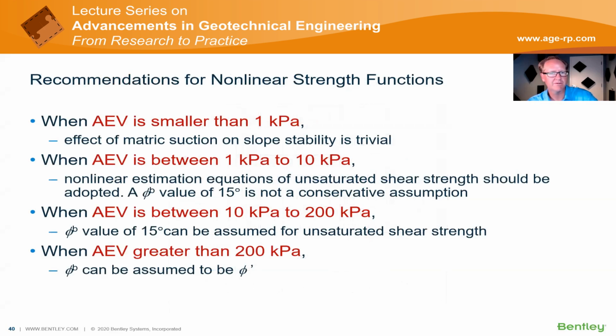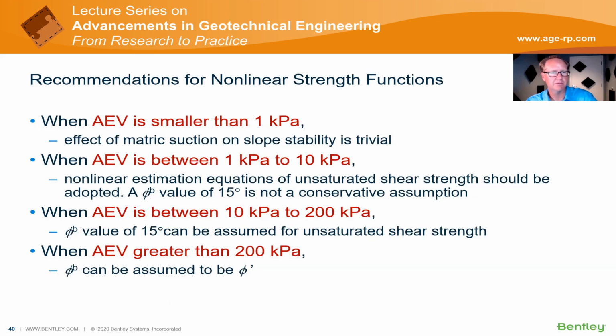What Chung found from her study is that when air entry value is smaller than 1 kPa, really that's your sands, the effective matrix suction on slope stability is quite trivial, and it's probably not necessary to include it in your analysis.